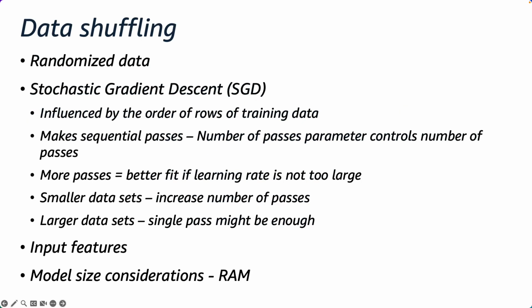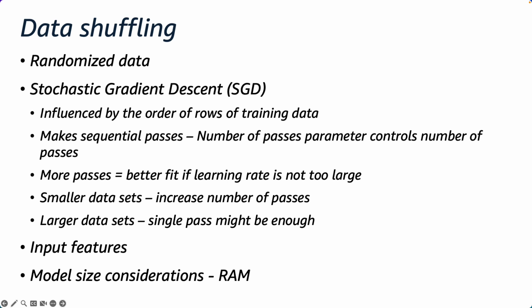Let's continue with task statement 2.2, which is to train and refine models and talk about data shuffling in AWS. Remember, we've talked about randomized data, and shuffling your data is important because the stochastic gradient descent algorithm is influenced by the order of the rows in the training data, and the training data helps the algorithm to converge on the optimal solution sooner.